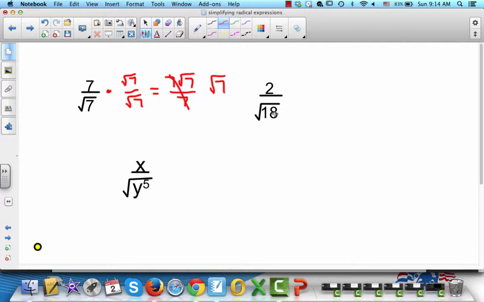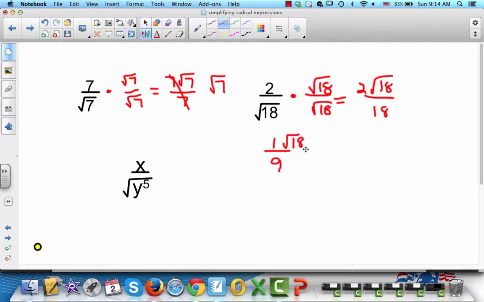Over here we've got 2 over the square root of 18, so we're going to multiply by square root of 18 on the bottom and square root of 18 on the top, and that gives us 2 square root of 18 over 18. But you notice this, 2 over 18 is equal to 1 over 9, so that's 1/9 square root of 18.